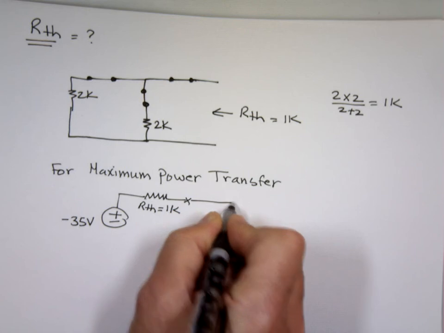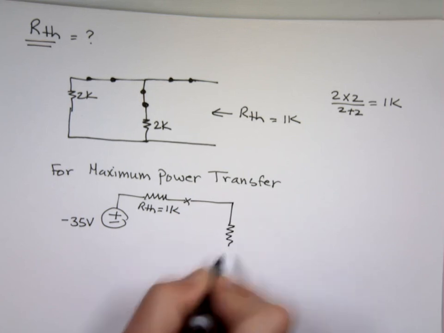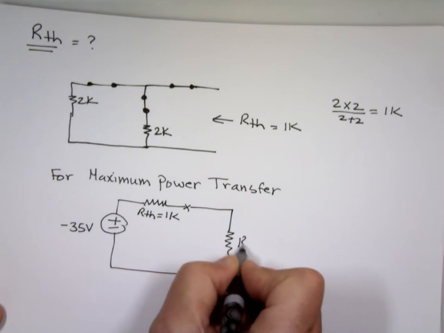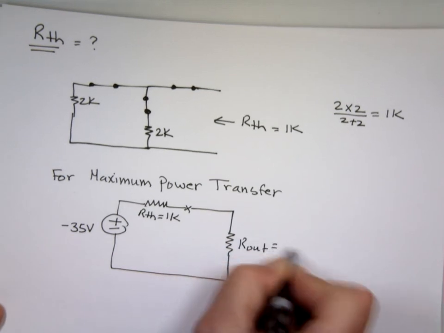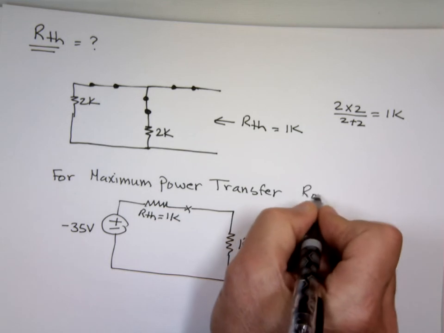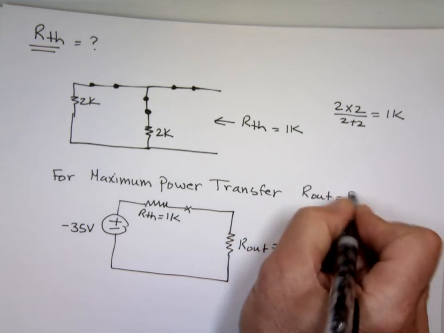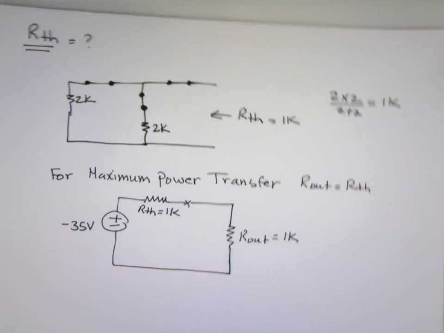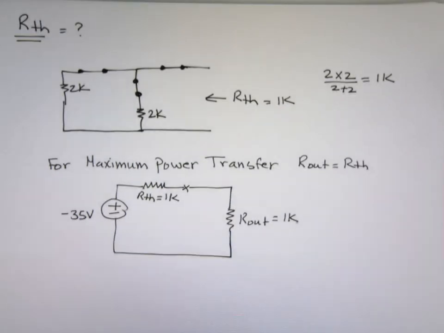You want to replace R sub out with what? To be 1K. For maximum power transfer, you want R out to equal R Thevenin. So that's the value of R. That will give you maximum power.